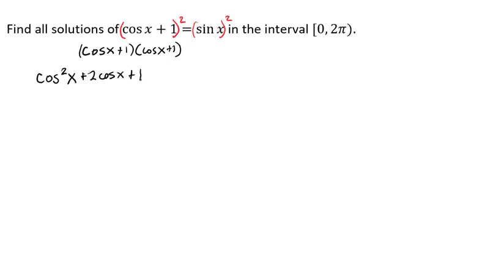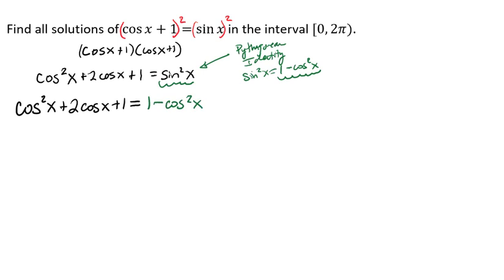Over here on the other side, we have sine squared of x. Now, remember from the Pythagorean identity that sine squared of x equals 1 minus cosine squared of x. And so we can replace sine squared of x with 1 minus cosine squared of x. So let's go ahead and do that now.